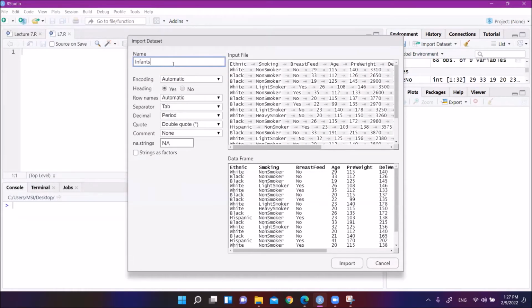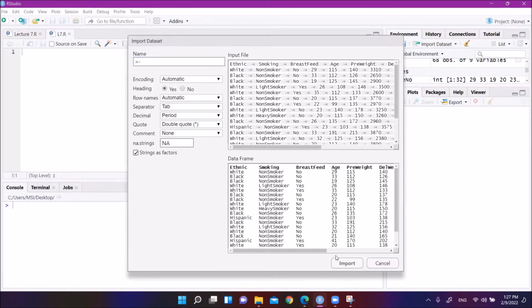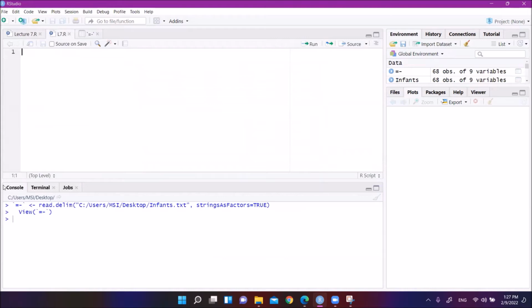Okay, name is infants. I think I have typed something here. You can always change the name of the data frame here. Okay, I'm not happy with, I don't know what's happening here. Some malfunctioning in this PC. It's easier for me to do it like this.